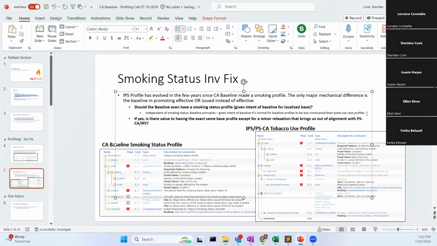They may be conforming in spirit, but not computably. So you mean patient summary in IPS and PSCA meets and exceeds the rules of the baseline? Yes, but not by specifically referencing the baseline package. It's not reprofiled from baseline.